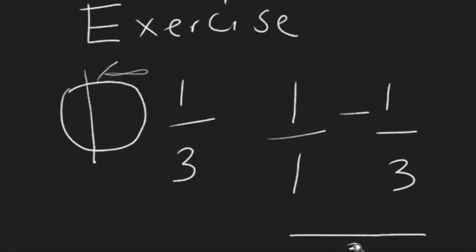Okay, so when we have a common denominator as 3, we can then work with our numerators. When we find our common denominator, what we do next is we divide our common denominator by each of these denominators, and then multiply what we get by the numerator. So 3 is our common denominator, divided by the denominator here, 1. 3 divided by 1 is 3, and then multiplied by 1 is 3.